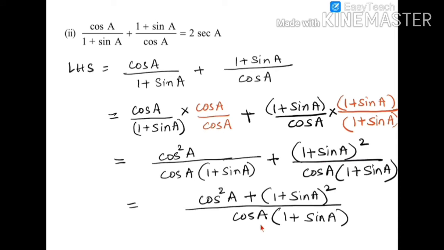Now we need to simplify this expression further, but let's simplify each term one by one. So first we will simplify this bracket, which is of the type a plus b whole square.